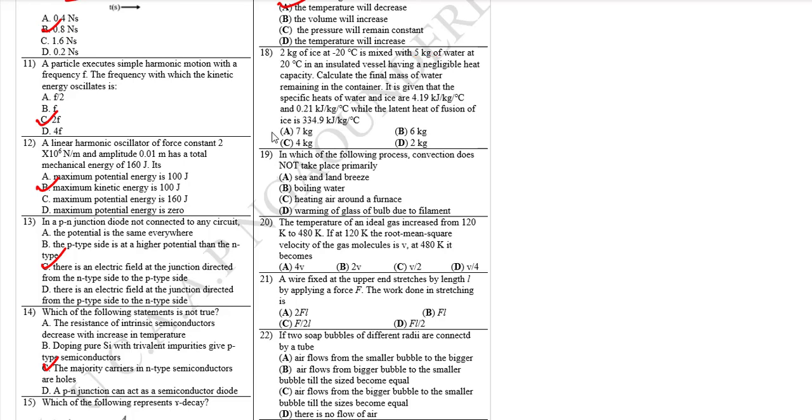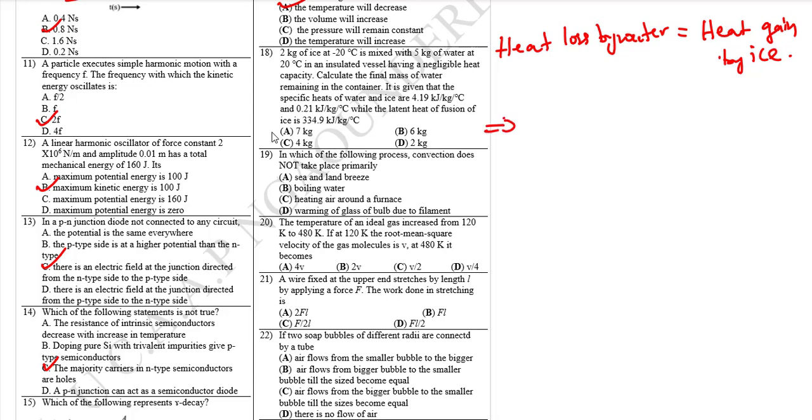So let's start by writing down the energy equation that will rule this. So one can say the heat loss by the water at 20 degrees is equal to the heat gain by ice. Now since the ice will melt, it means there's going to be a transition of states. So this will give M water, C water, delta theta of water.